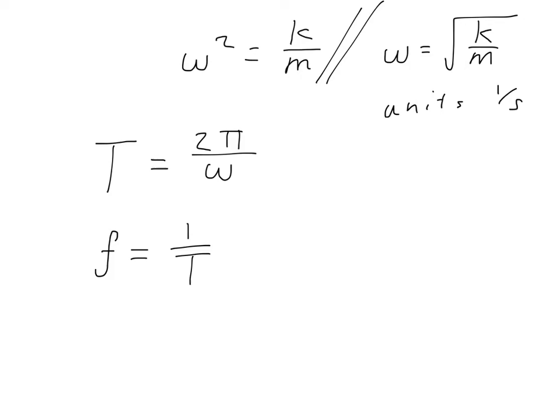So how many times something happens per second. The period tells you how long something takes. Putting it this way, it says how long it takes per second. And then from our definition here, the relationship between frequency and angular frequency is just omega divided by 2 pi.